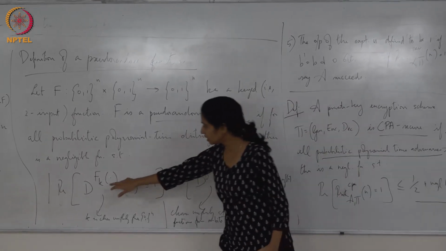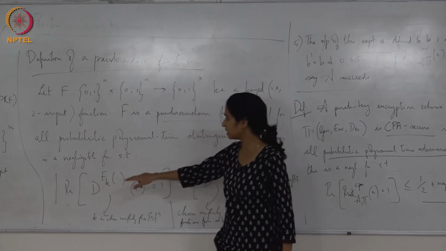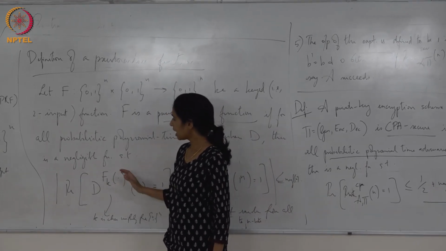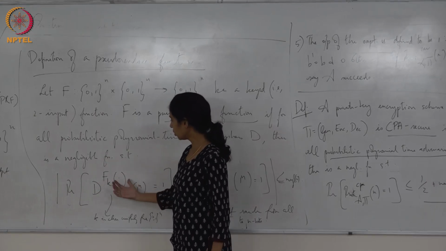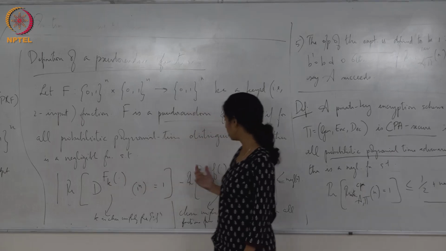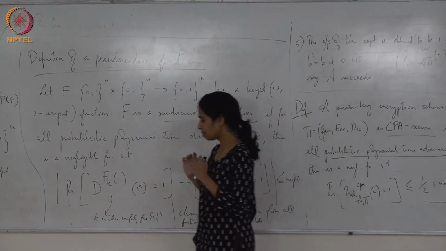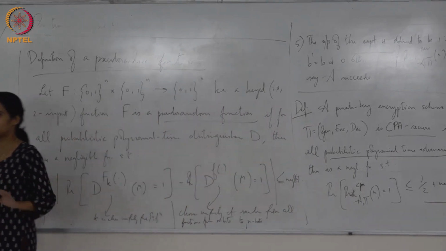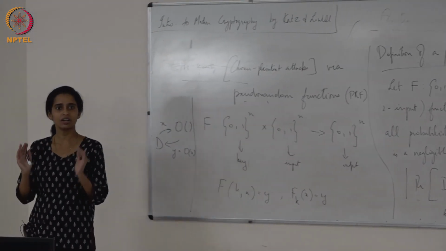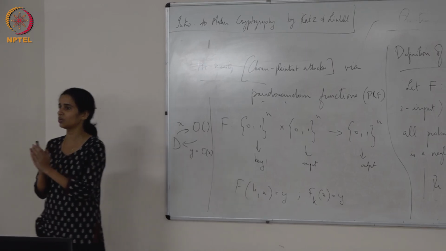Just the fact that this is a 2-input function which can be keyed with a key k, and which is not distinguishable from a random function by an efficient distinguisher, this understanding is sufficient for us to proceed. I hope that is something we can all get on board with.